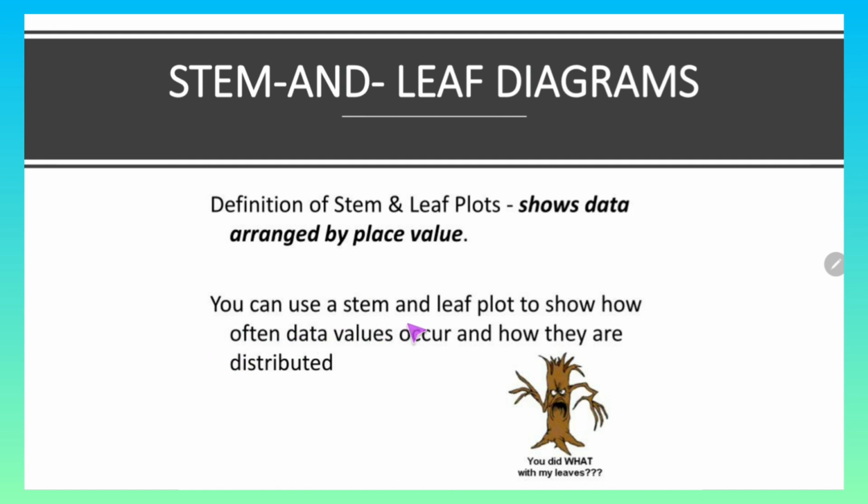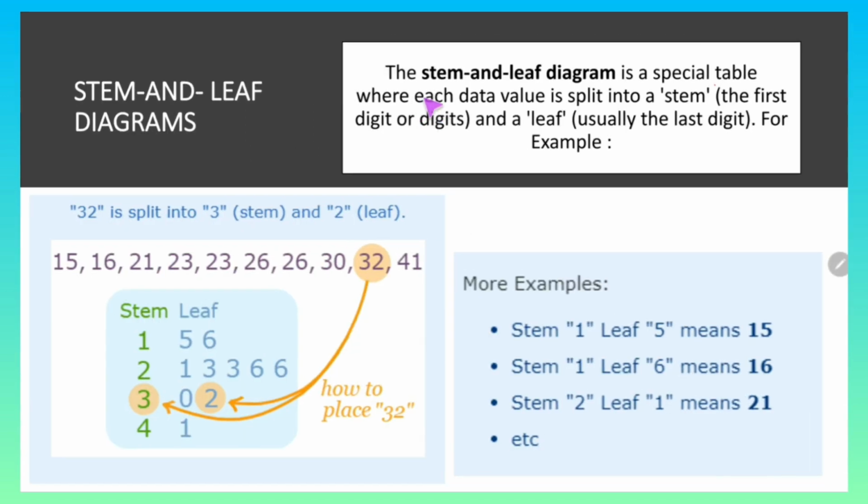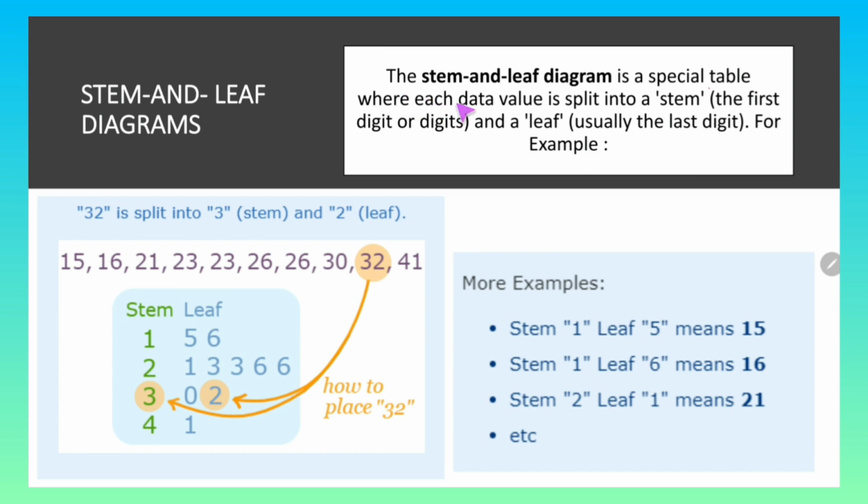You can use a stem and leaf diagram to show how often data values occur and how they are distributed. The stem and leaf diagram is a special table where each data value is split into a stem, the first digit or digits, and a leaf, usually the last digit.